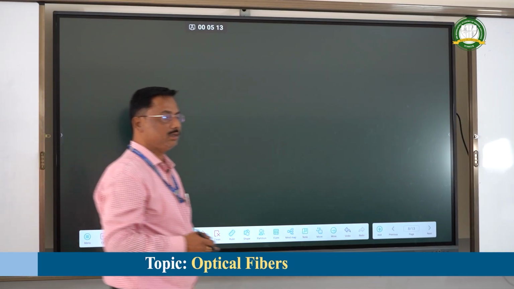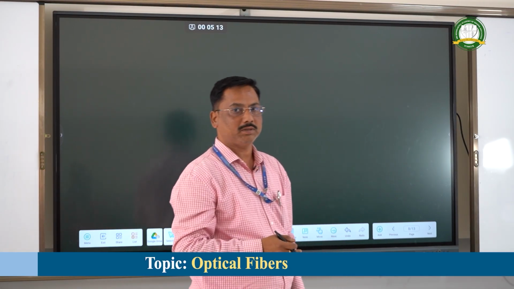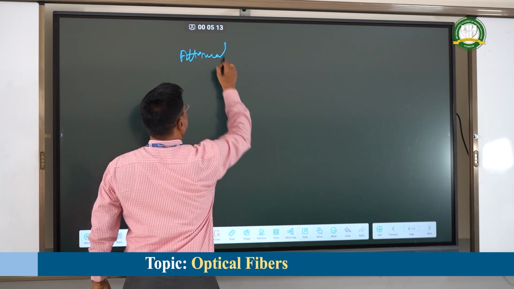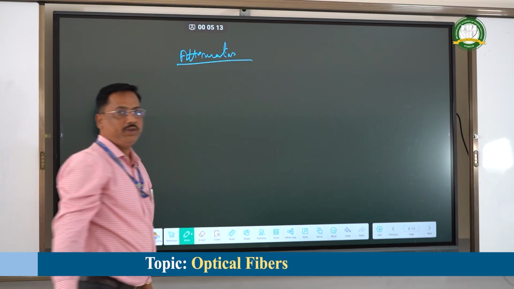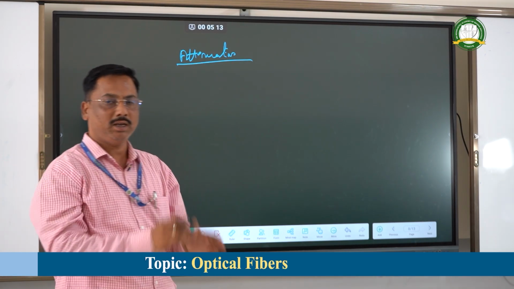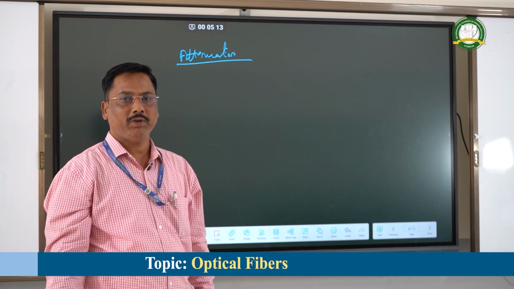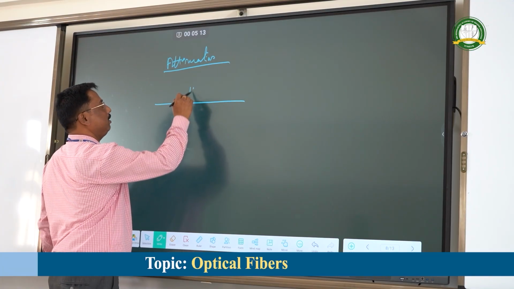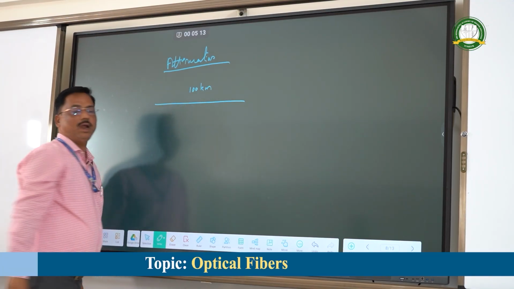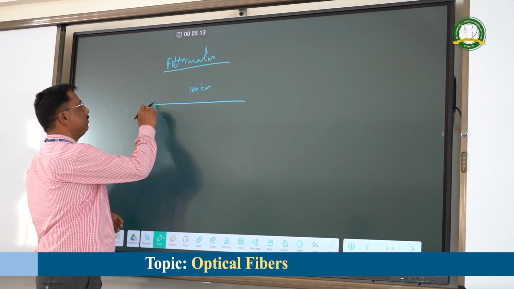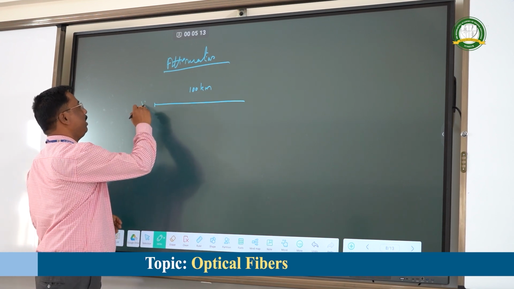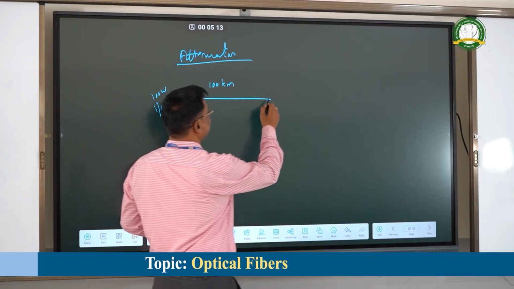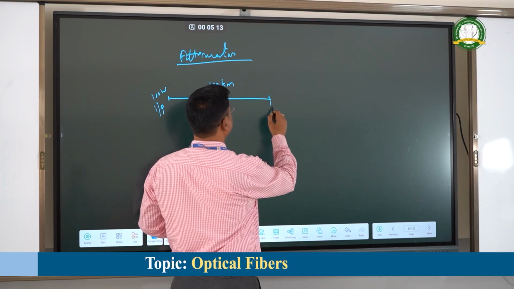Next, I will come to attenuation in optical fibers. What is attenuation? It is the loss of signal as it propagates along the optical fiber. Suppose you consider one optical fiber having 100 km length. Suppose around 100 watt is inputted here. At the receiving end, we may observe around 80 watt.